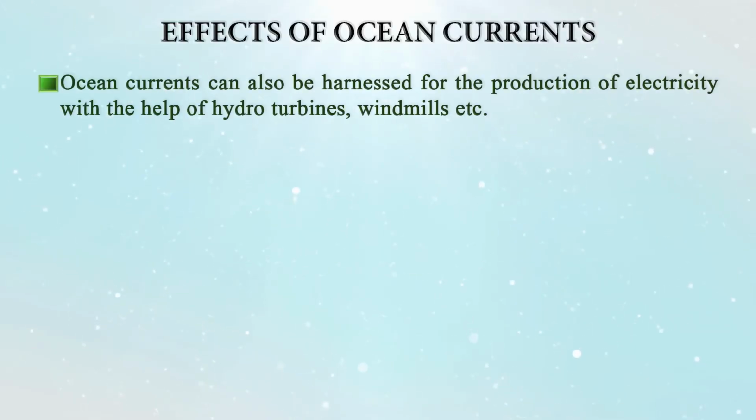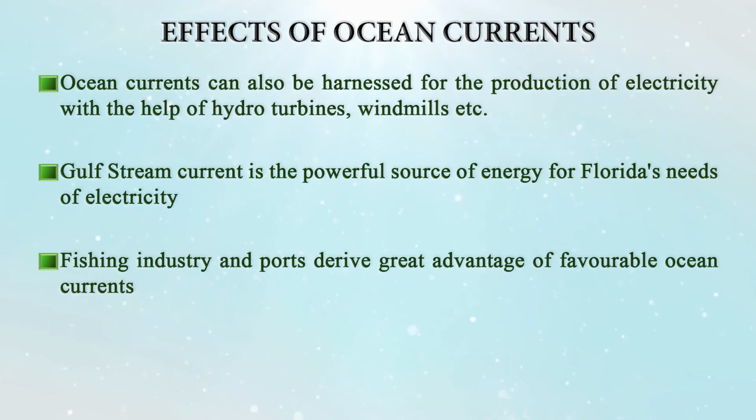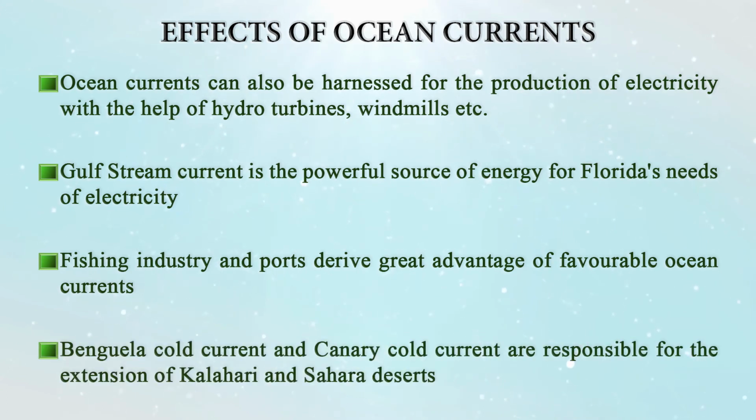Besides, ocean currents can also be harnessed for the production of electricity with the help of hydro turbines, windmills, etc. The Gulf Stream is a powerful source of energy for Florida's needs of electricity. Fishing industries and ports derive great advantage from favorable ocean currents. Similarly, cold ocean currents like the Canary cold current and Benguela cold current are responsible for the extension of the Kalahari and Sahara deserts in their places.